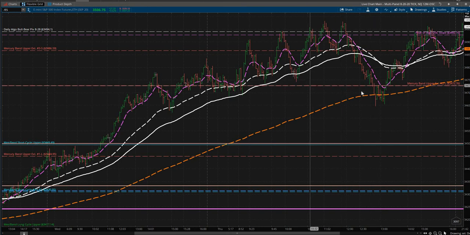And what's interesting is on this day, that's where the Mercury band was. So again, you take this spot here where you don't get the crossover of purple down through the white algo, and you take where the bottom of that little slope is, and what you do is you draw the line forward.